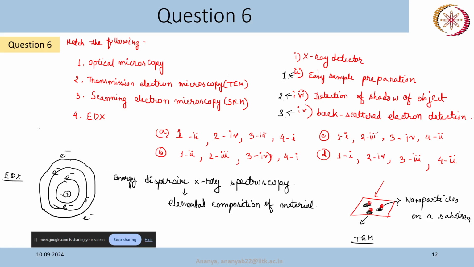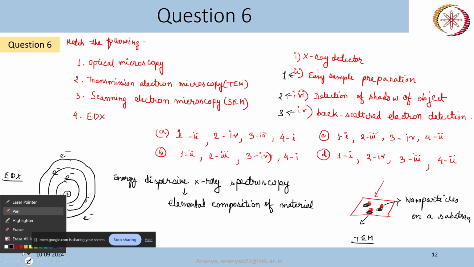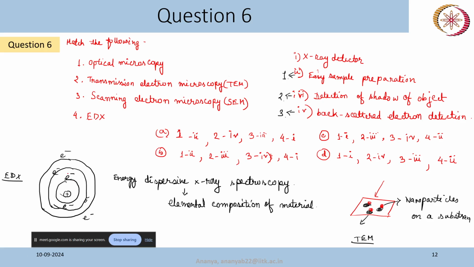So when an electron from the electron beam comes towards your material, say this is your atom, it will remove this electron. This is the core electron, it will be removed. Now when this electron is knocked off by your incident electron beam, then an outer shell electron will come to fill this gap.